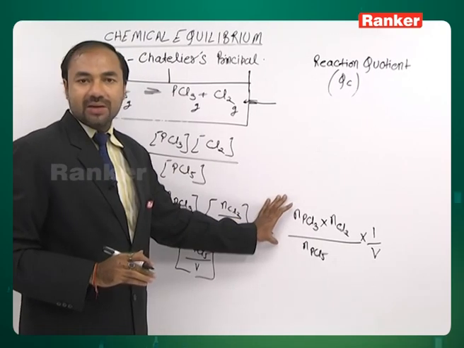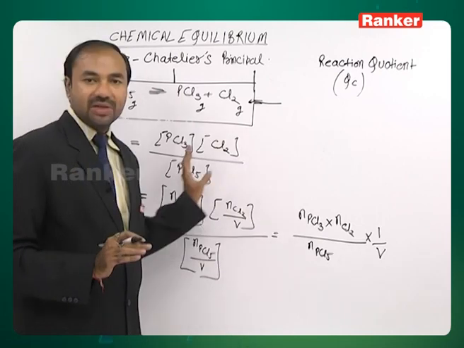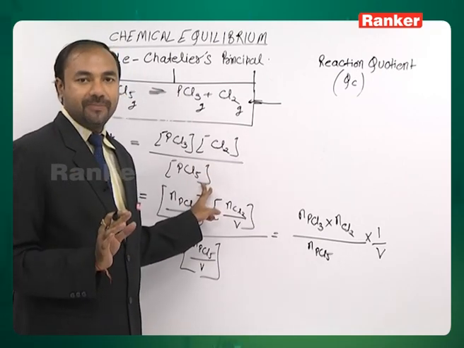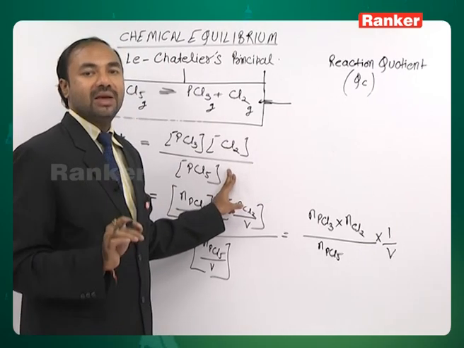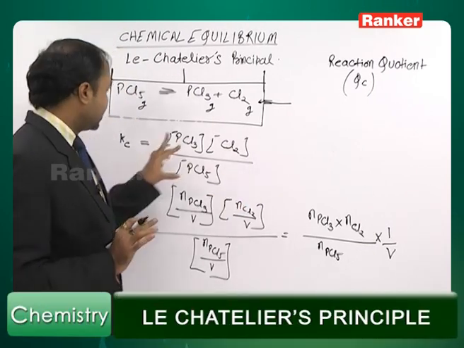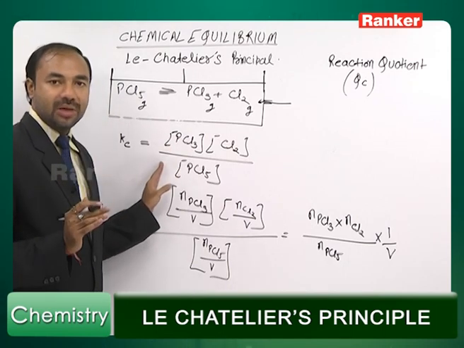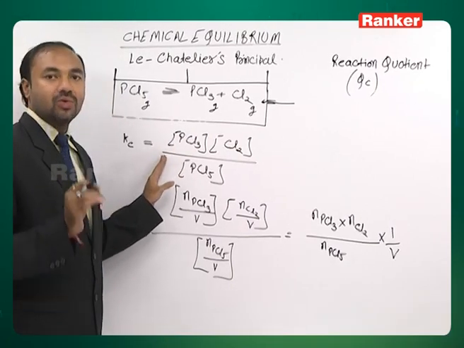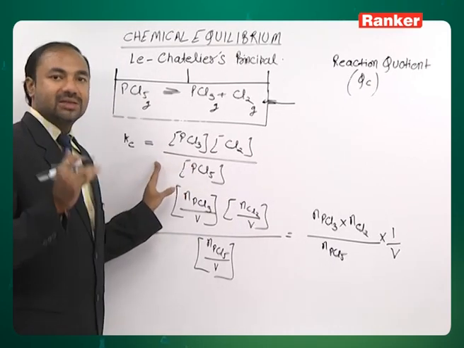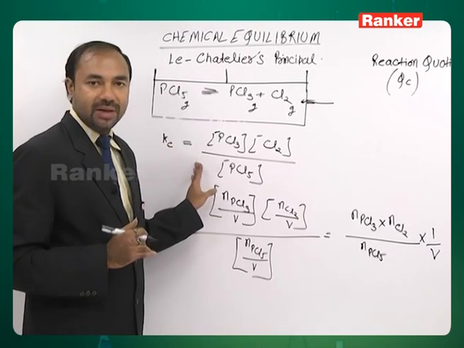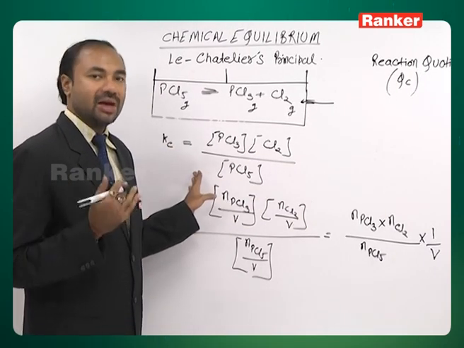The same expression which we write for equilibrium, exactly the same, whichever you want, but at any instant is known as QC. Only at equilibrium, if you substitute the values at equilibrium, the same expression is known as Kc or Kp, but at any instant from the start up to the equilibrium establishment, the same expression with the same values is known as QC, the reaction quotient.